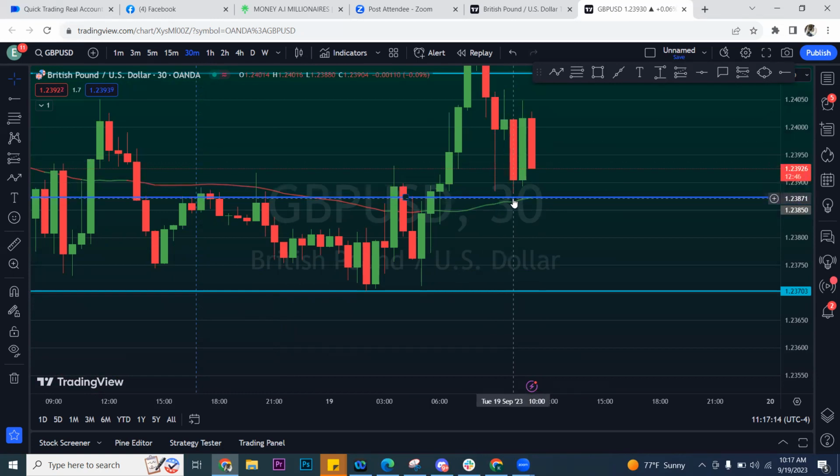So that little piece in between us is preventing us from actually breaking through. So this blue line is preventing it from breaking back below here.